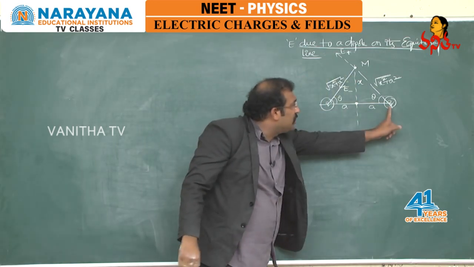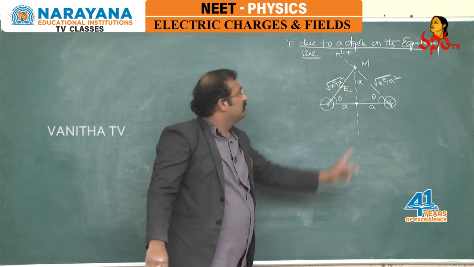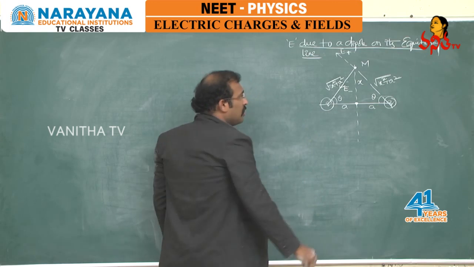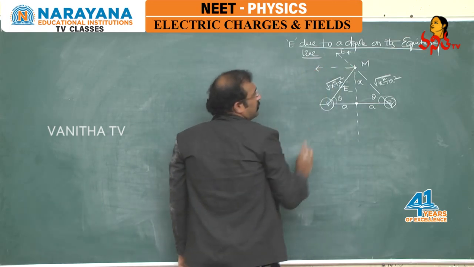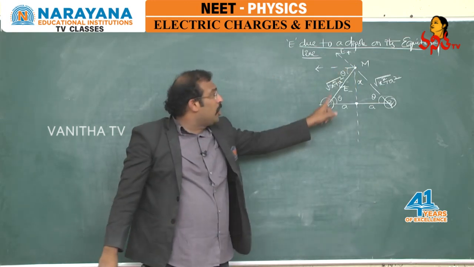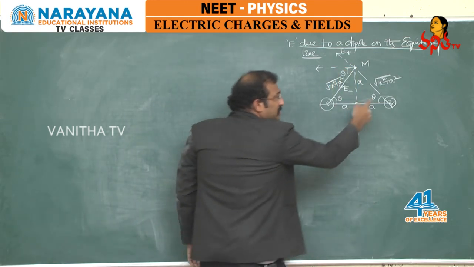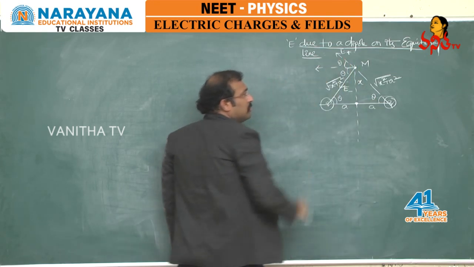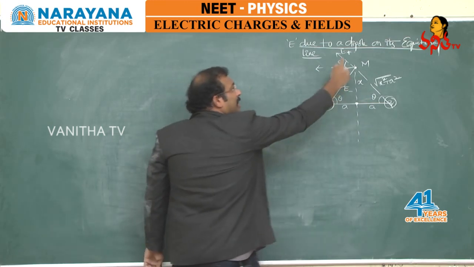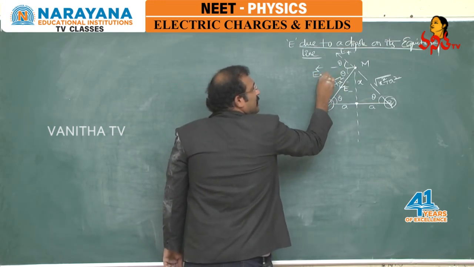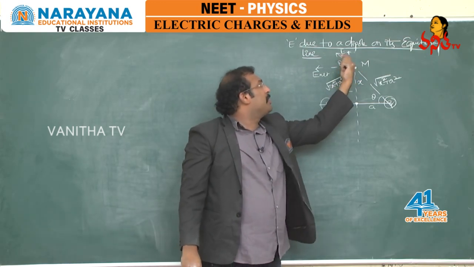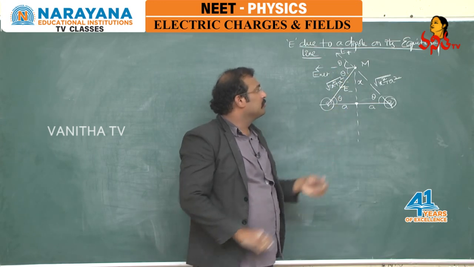Now the electric field due to this negative charge will be towards the charge. If I draw a line here, if this is theta, this will be theta, alternate opposite angles, corresponding angles. So now I can write the net electric field. There will be two components for E plus and E minus.